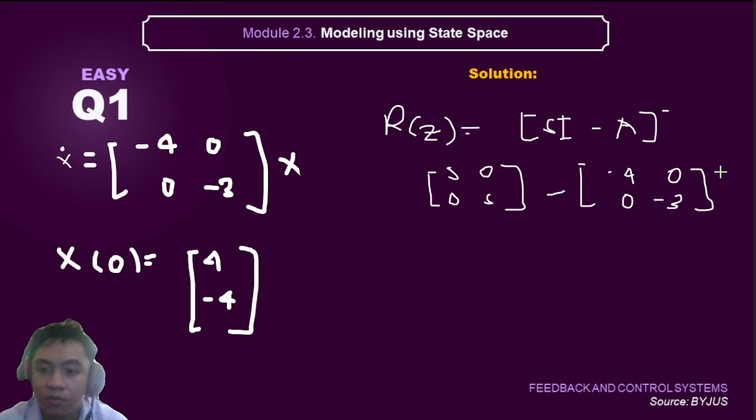Okay, so now with that out of the way, we simply perform this. We will end up with s plus 4, 0, 0, and s plus 3.